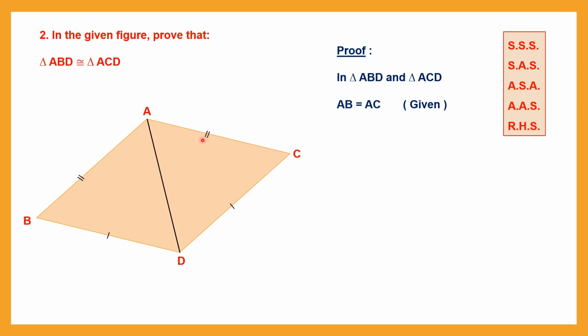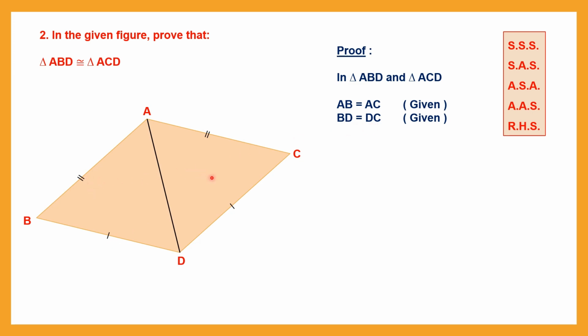Two strokes are here and two strokes are here also. That means these two corresponding sides are equal, and that is given to us already. Then BD is equal to DC. That is also given to us. Can you see that BD is equal to DC? How do we know? There is one stroke here and one stroke here. That means these two sides are also equal.